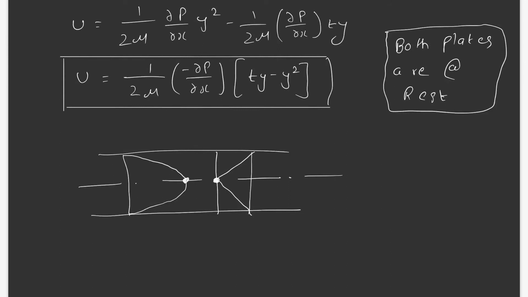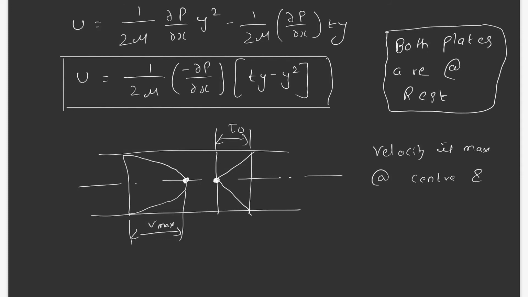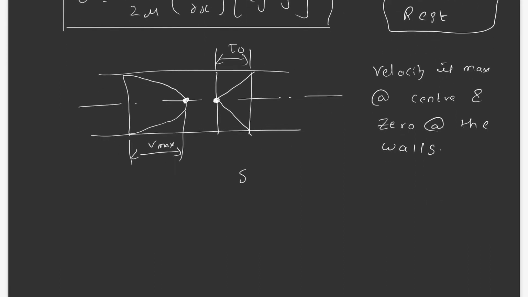Here also it's the same. This is Vmax, that is, velocity is maximum at center and zero at the walls, and shear stress is maximum at walls and zero at center.